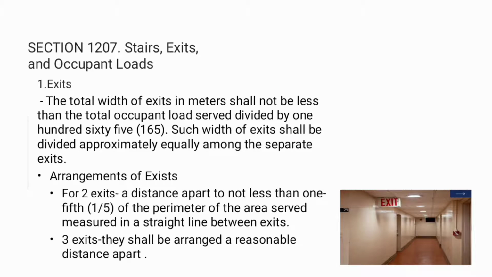The total width of exits in meters shall not be less than the total occupant load served divided by 165. Such width of exits shall be divided approximately equally among the separate exits. So when it comes to its arrangement, if only 2 exits are required, they should be placed a distance apart of not less than 1/5 of the perimeter of the area served, measured in a straight line between exits.